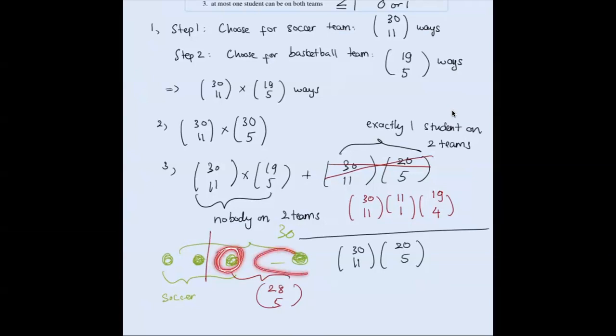They might just pick the last 5 here, then this one will not be included. Which means in the case this one is not included, the 28 choose 5 here also allowed for none of the members to be on both teams. Because in that case, you will have soccer is these 3, and then the last 5 is in basketball.